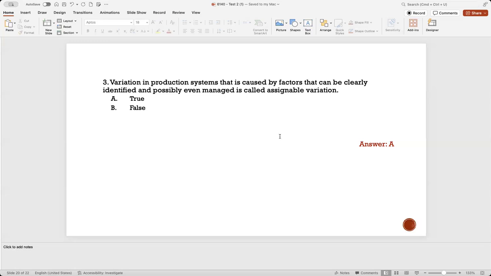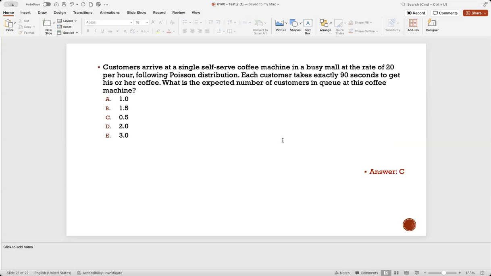The common variation is a purely random variation. It is based on the current technology you apply, the equipment, the system you use. Then it is really, really hard to identify why the variation happens and how to manage it.